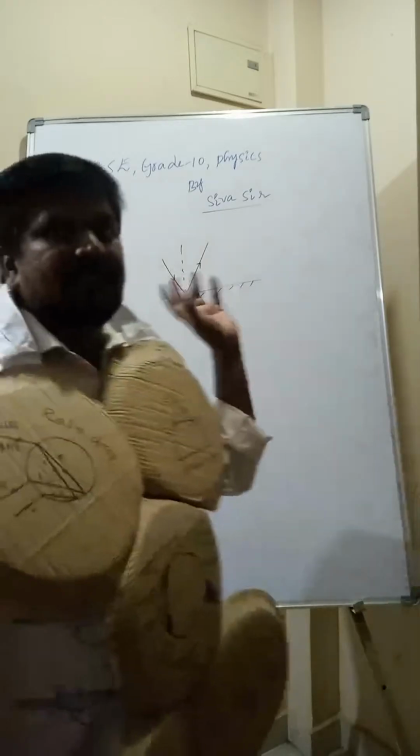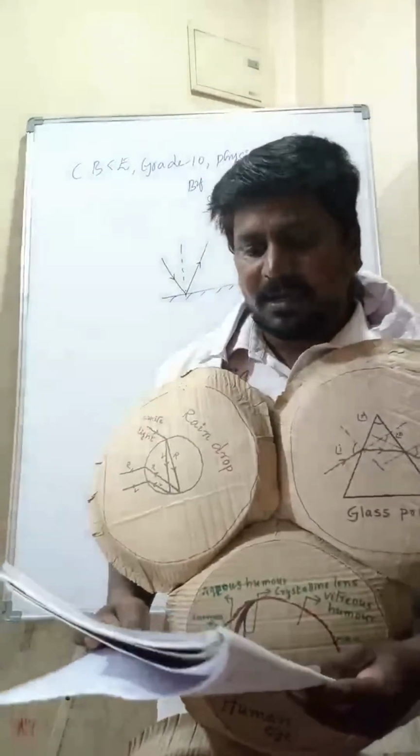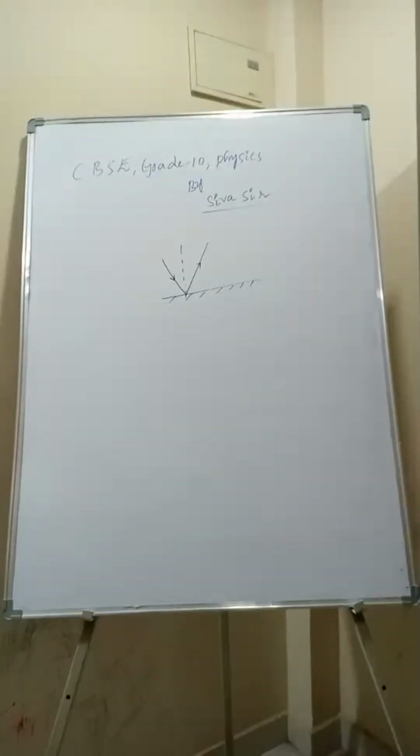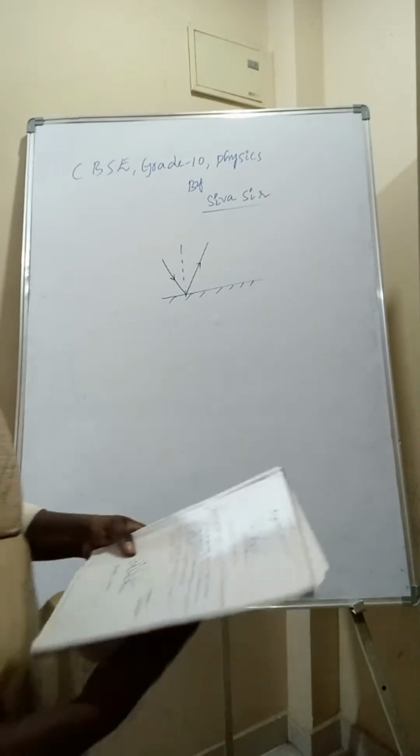This is the CBSE Grade 10 Physics definition part we are discussing: regular and irregular reflection.